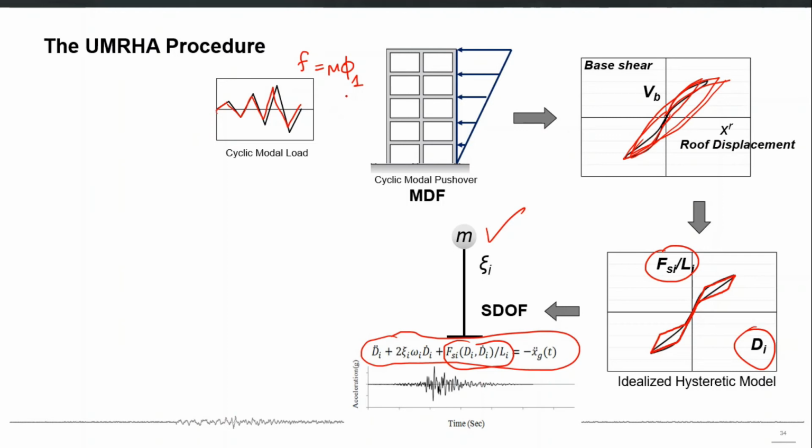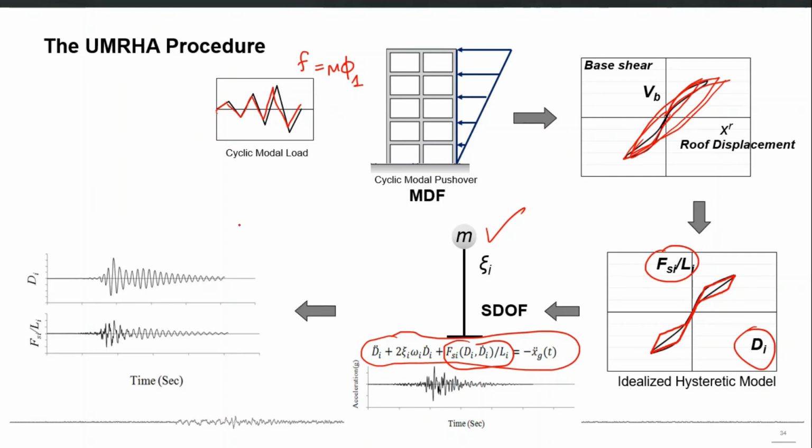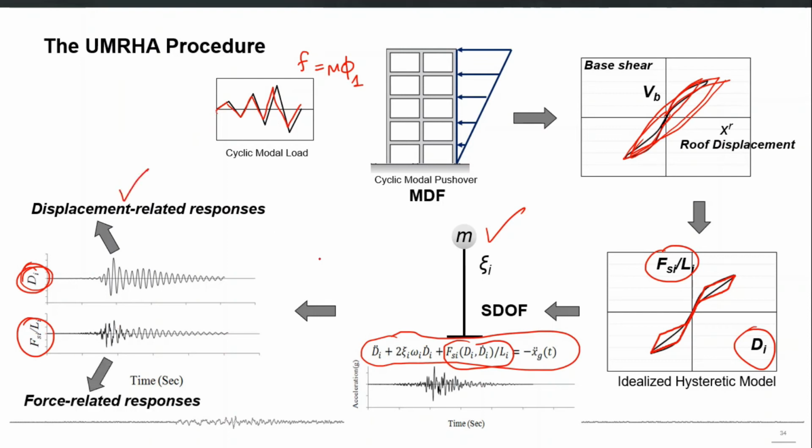So we extract all the responses: displacement response and force response of that single degree of freedom system. The displacement response is converted to all the other displacement responses of the whole building, or multiple degree of freedom system, right? Similarly, the force response is converted into force-related responses like shear, moment, everything of the multiple degree of freedom system.